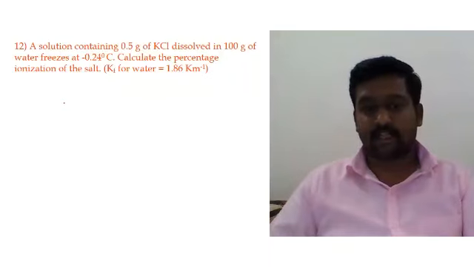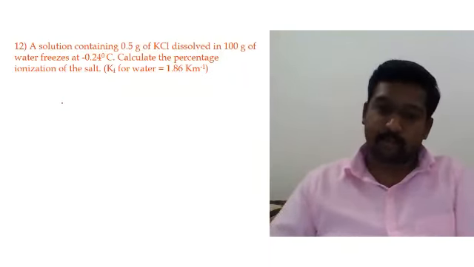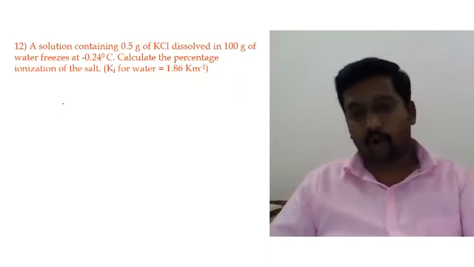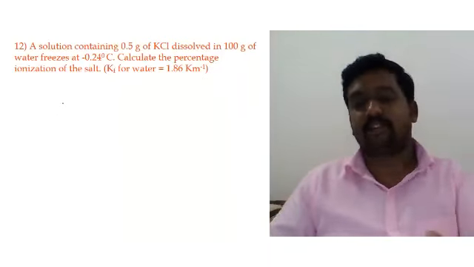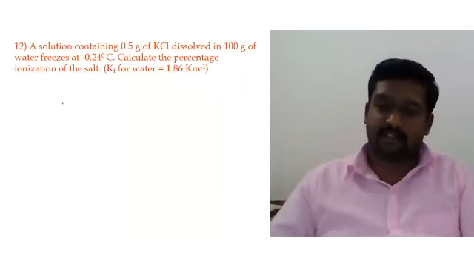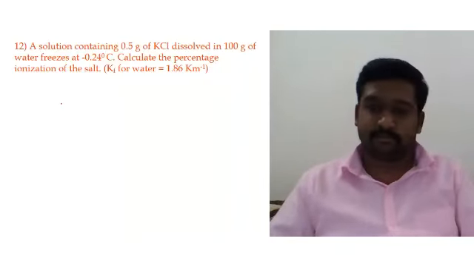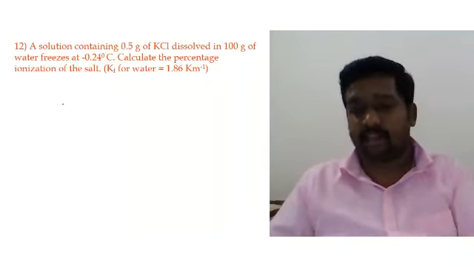So it is easy to understand that the concept is related to depression of freezing point, but we want to calculate what is the percentage of dissociation. That percentage of dissociation can be understood if we include the value of Van't Hoff factor, which is i.